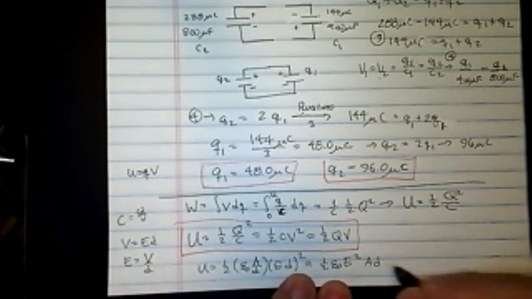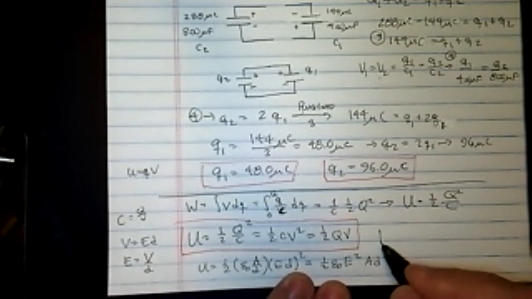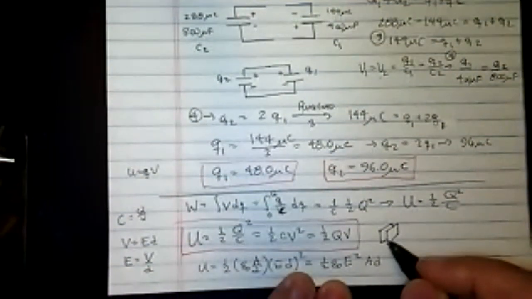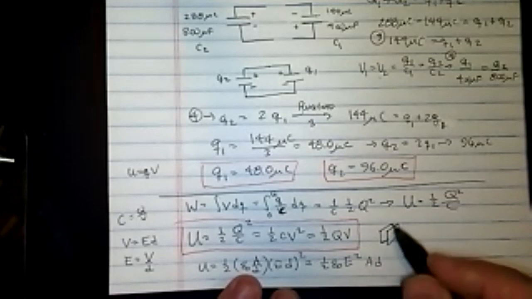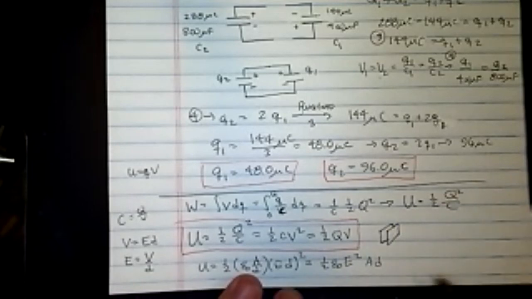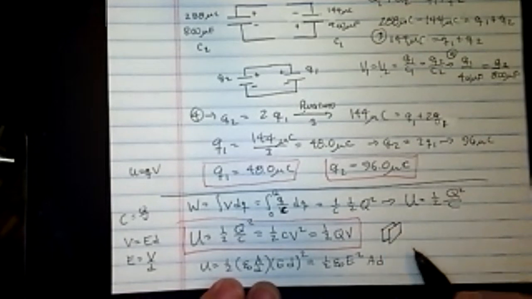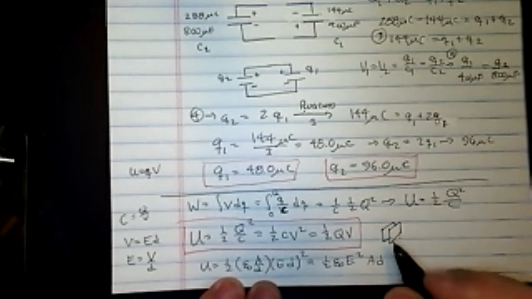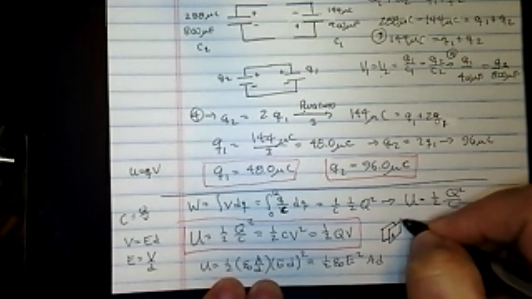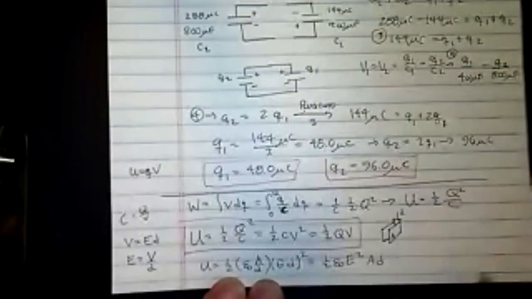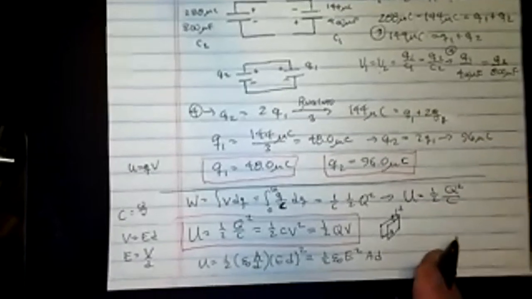times A times D. Now, if you think about a parallel plate capacitor, the electric field is essentially between the plates. All the stuff outside of the plates is very, very weak. So what's the volume inside the capacitor? Can you tell me that? Remember, the surface area is A, and this distance from here to here is D. Can you tell me what the volume is?